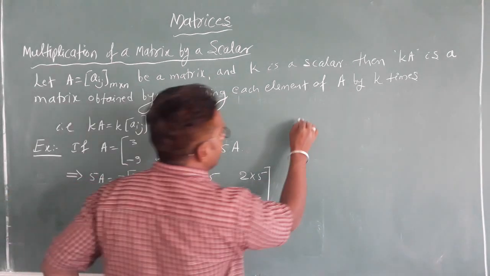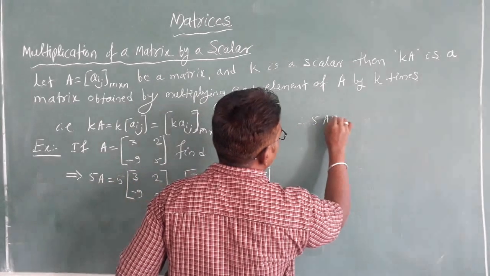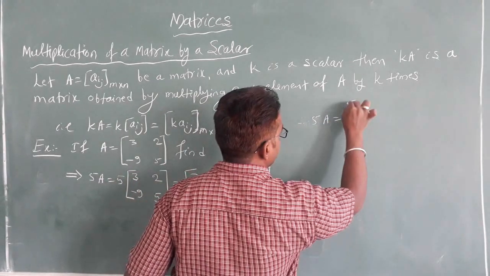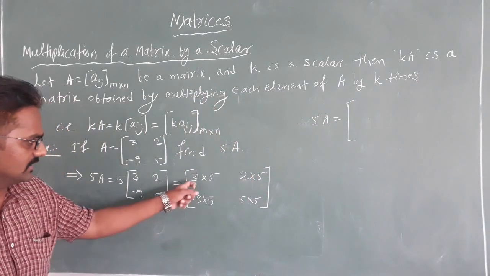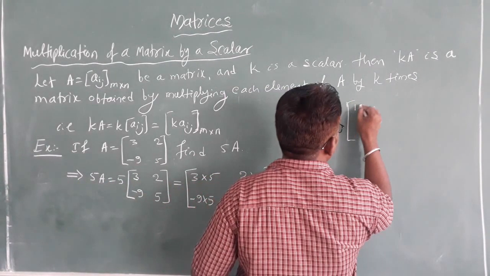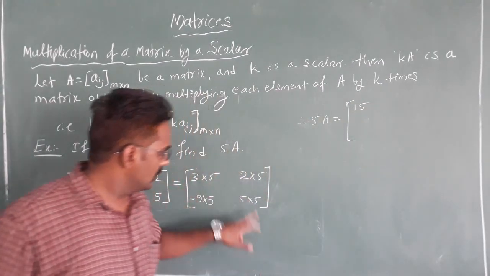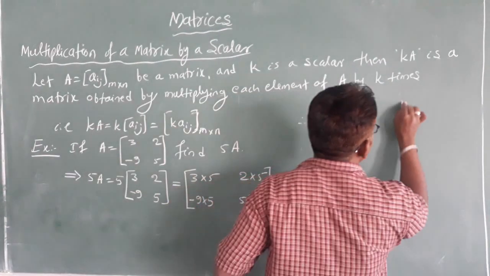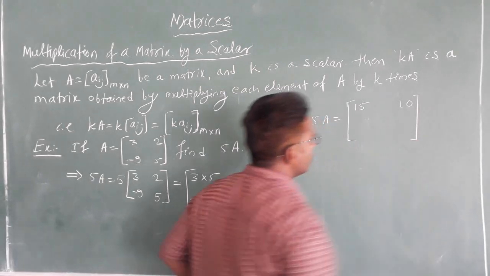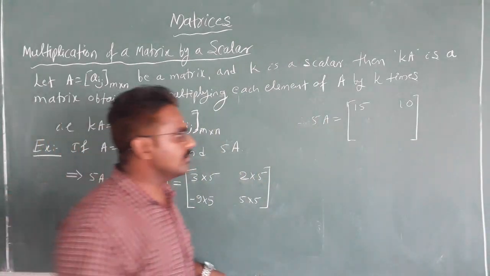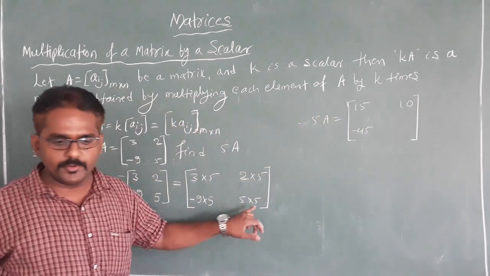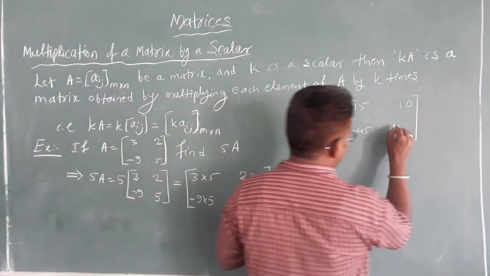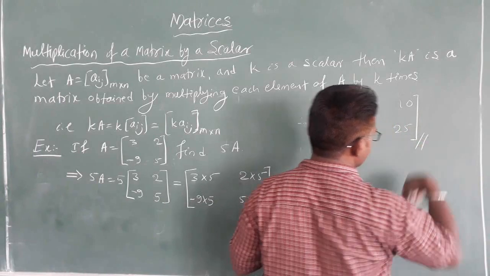So the matrix 5A, that is multiplication of a matrix by a scalar 5, is 3 into 5, that is 15, 2 into 5, that is 10, next minus 9 into 5, minus 45, next 5 into 5, that is 25.